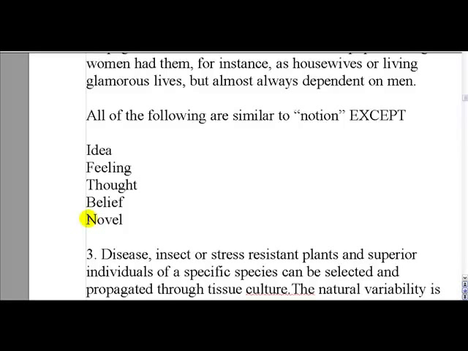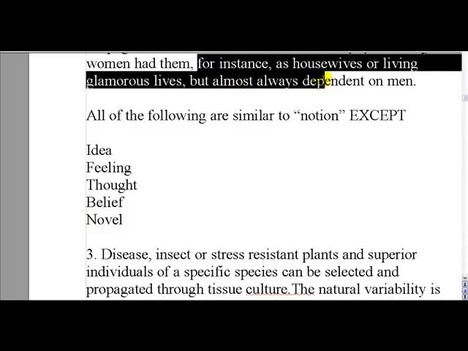Novel kind of has to do with writing a book or a book that's written, and novel idea also has to do with a new or innovative type thing, which I don't think it has that meaning either. So I think this is your best answer that you'd want to pick that's not similar to the word notion. Again, I'm just pointing out here, it's important to pay attention to the example that comes after the definition to help you understand what the meaning of that word is.